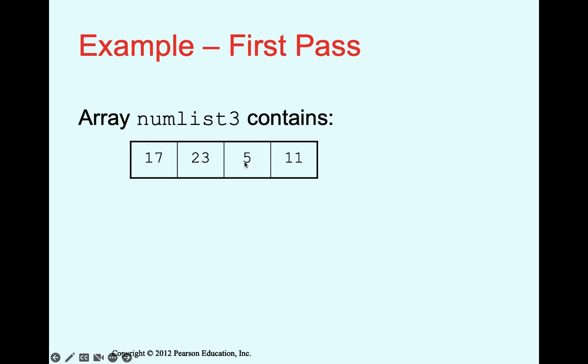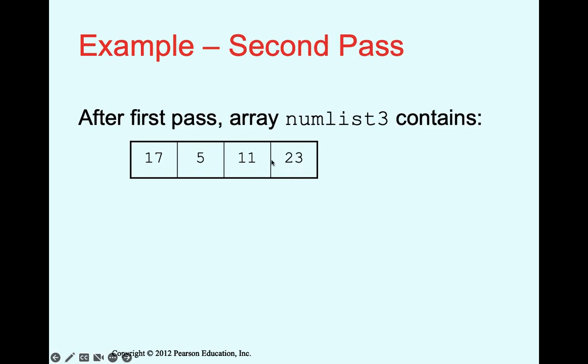So here, normally you bring 5 here and 23 here. And then when you compare 23 with 11, you bring 11 here and 23 here. So at the end, the array will be like this. After the first pass, the array will not be sorted, but at least we sorted one element: 23 is the largest, so it will be in the last position.